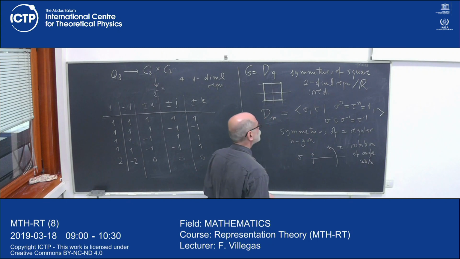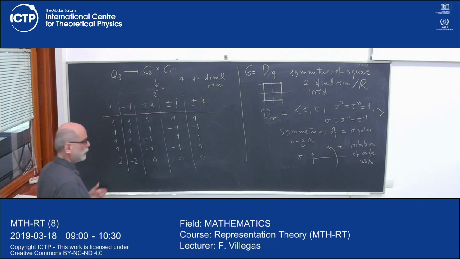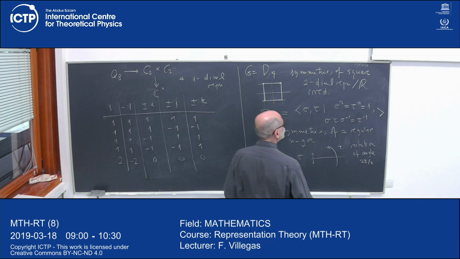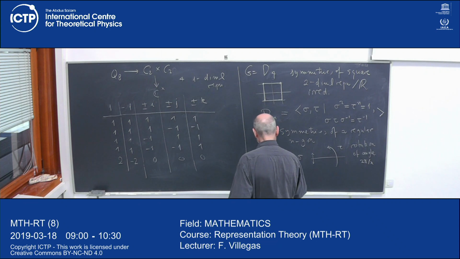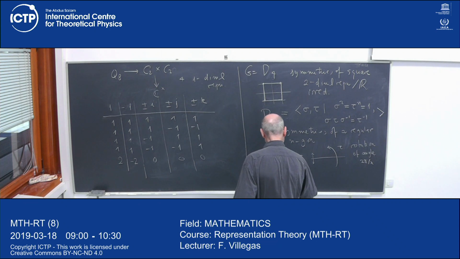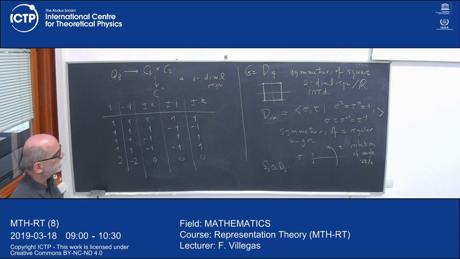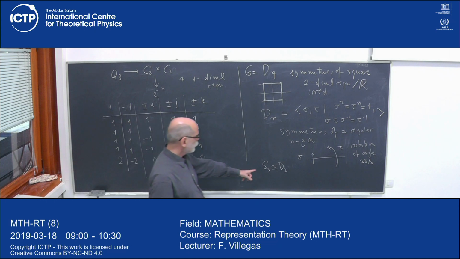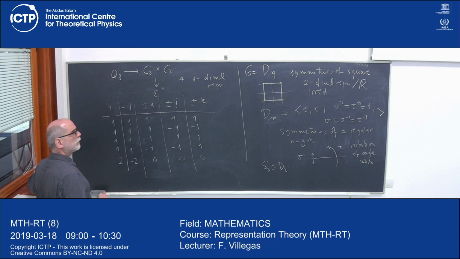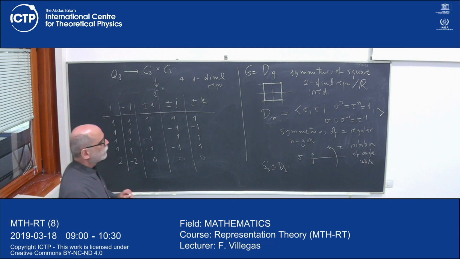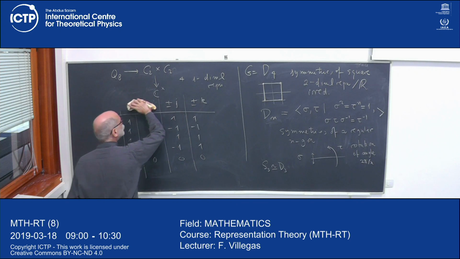You can find the character table of this group, and you can do this the same way we did S3. In fact, S3 is isomorphic to D3, and the same way that we analyzed all representations of S3 by hand, you can use the same idea for Dn.